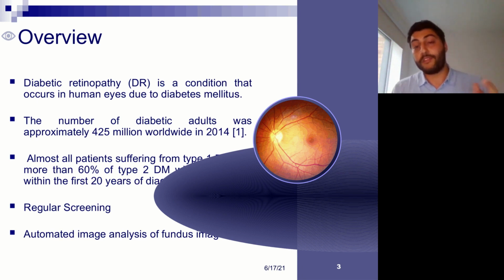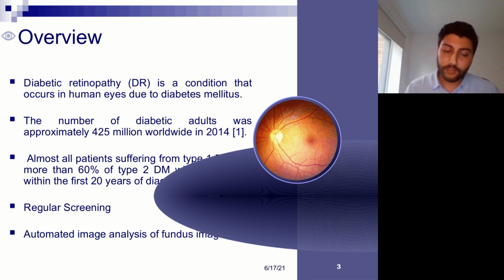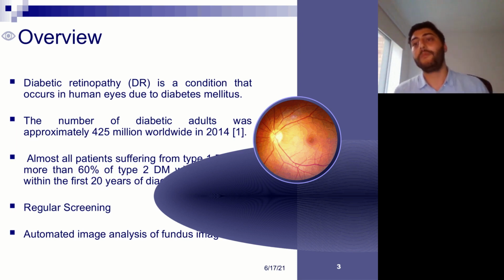The ophthalmologists need to capture the retina image, look into it, analyze it, and diagnose whether the patient has the disease or not, and if so, what the severity level of the diabetic retinopathy is.